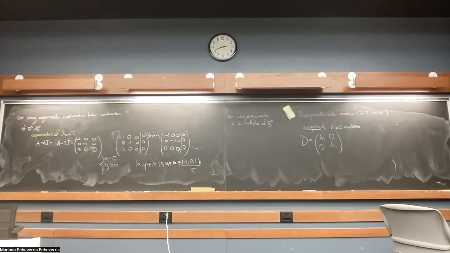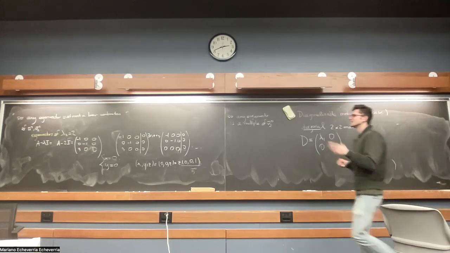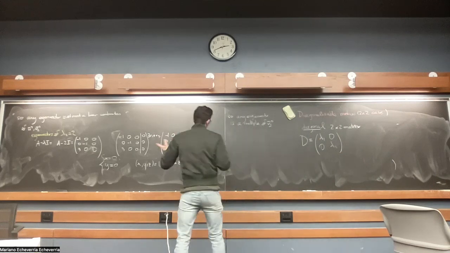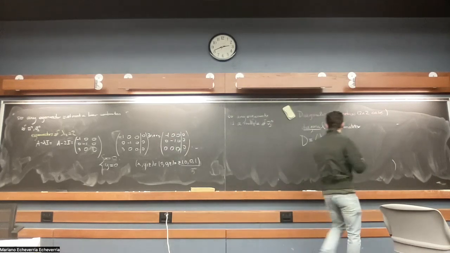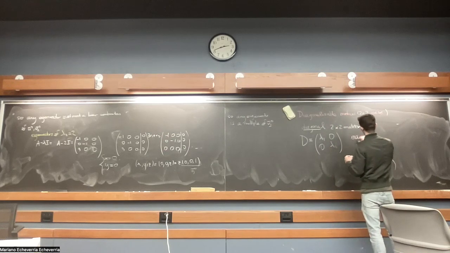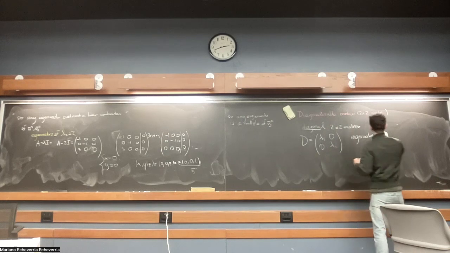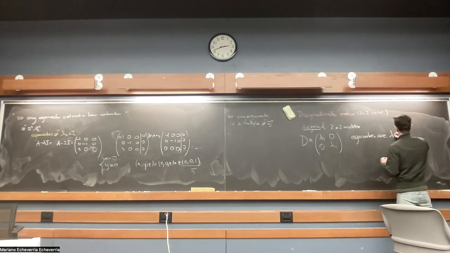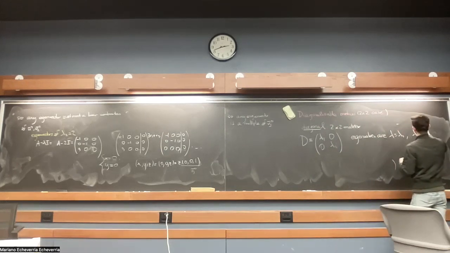And why am I calling the entries lambda 1 and lambda 2? Because for a diagonal matrix, the entries along the diagonal are the eigenvalues, because a diagonal matrix is upper triangular or lower triangular, it's both actually. So here the eigenvalues of D are lambda equals lambda 1 and lambda equals lambda 2.